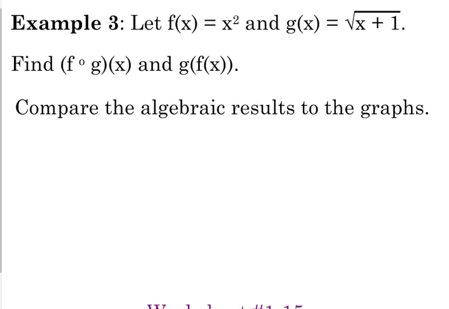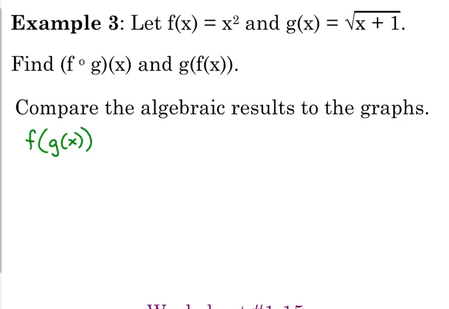Okay, we've got f of x is the function x squared, g of x is the function the square root of x plus 1. We want to find f of g of x and g of f of x, and we already know that the order matters, but these functions are probably not going to equal the same thing when we compose them. Okay, so let's do f of g of x first.